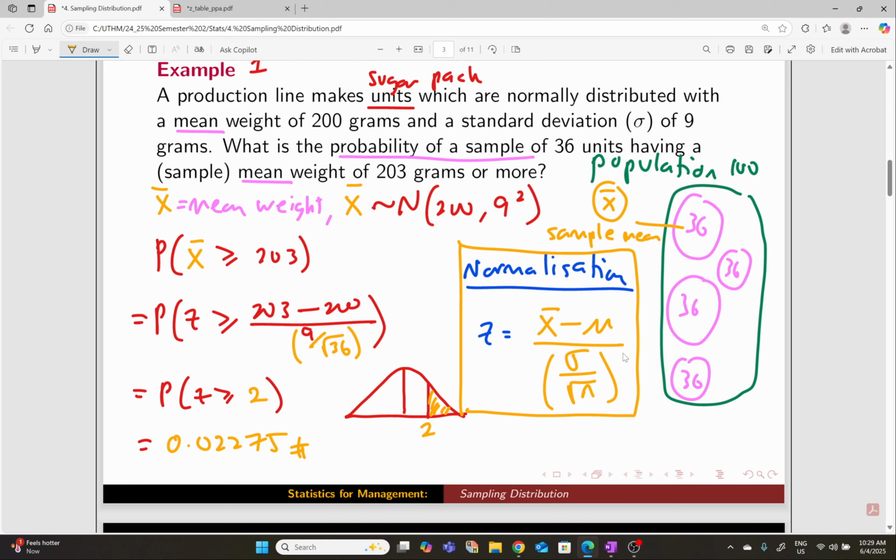Instead of X being one pack of sugar, now we look at the average, the mean of the weight of any sample, here 36. I give you some time to have a look at this before we go to the next question.